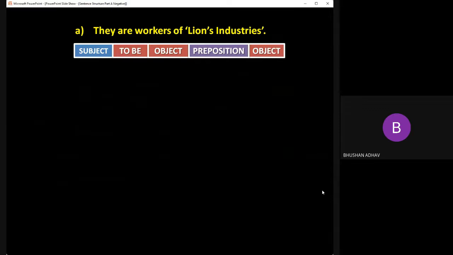They are workers of Lions industry. Now I want to make it negative. Adya, will you help me to make it negative? Yes, sir. Can you make this sentence into a negative sentence?